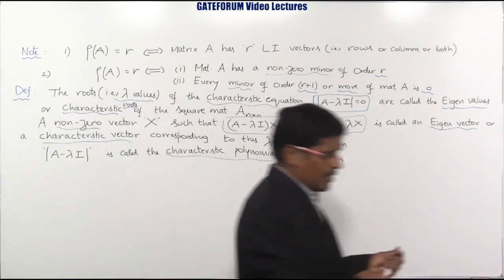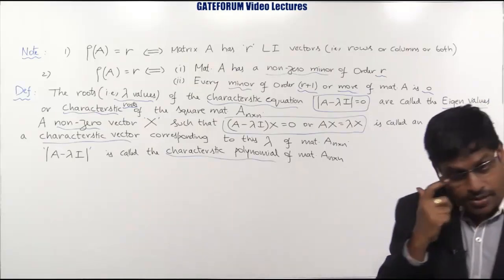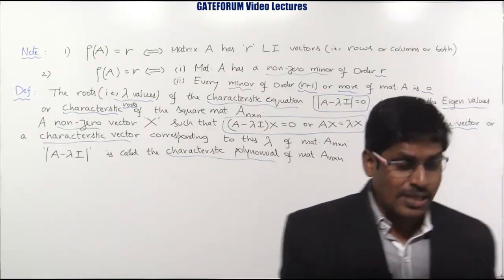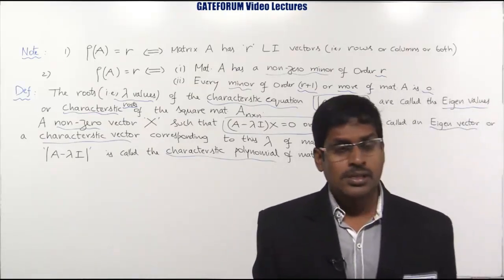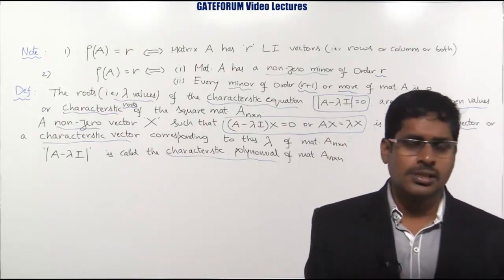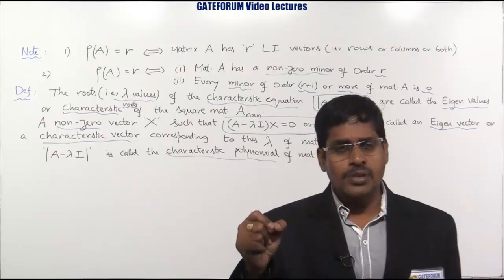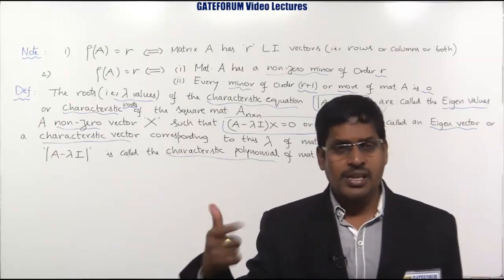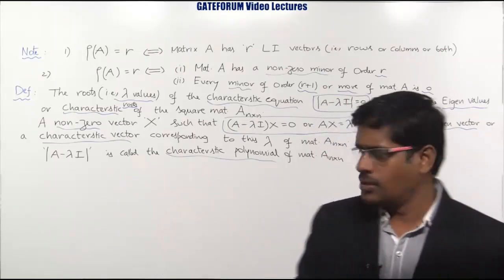So please go ahead. Please practice the 3 words: characteristic polynomial, characteristic equation, eigenvector. So when lambda changes, your eigenvector non-zero x also changes. And for one lambda value, you have infinite number of eigenvectors. I will show you an example also.